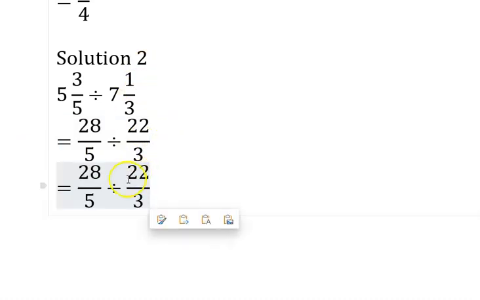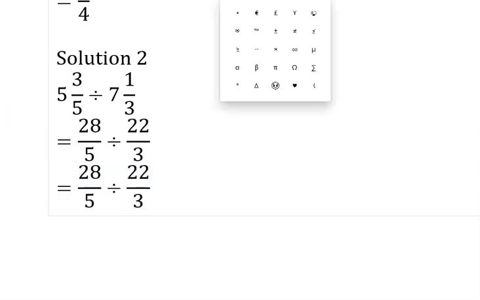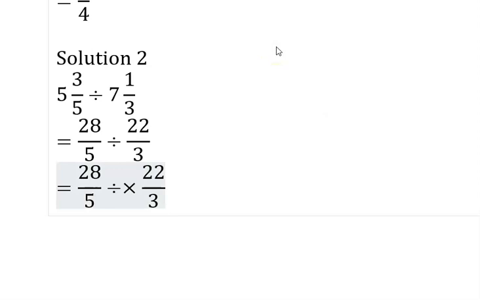If you are changing this to multiplication, it means we are going to swap them. So that means 3 will go up and 22 will come down after changing this division to multiplication.